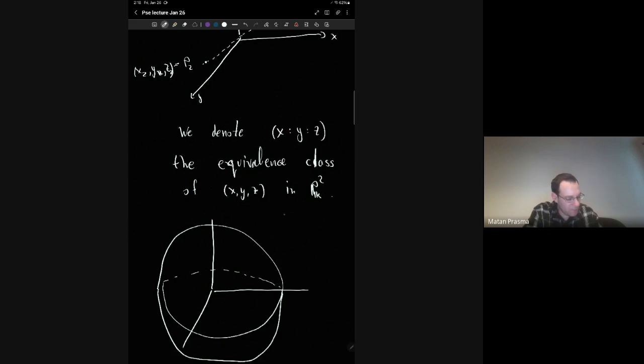Each line, let's say a blue line, a blue line that passes through the origin is one equivalence class. I can take the unit vector in the positive and in the negative direction of this blue line. So I can choose either to represent the whole blue line.